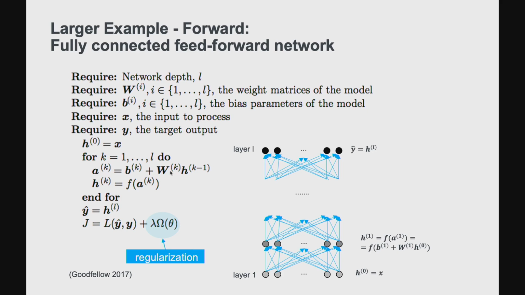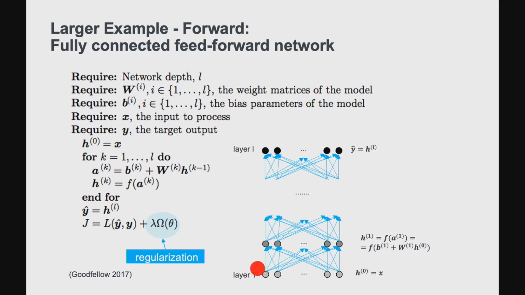Exactly. This is the correct answer. So I just repeat. Between every node in the preceding layer and every node in the next layer, we have in this fully connected network a connection. And for each connection, we need a weight. The weight could in general even be the same in all the different places, but we need for every edge a corresponding entry.